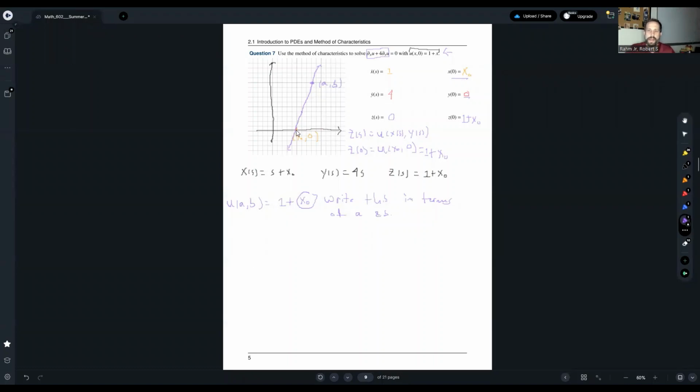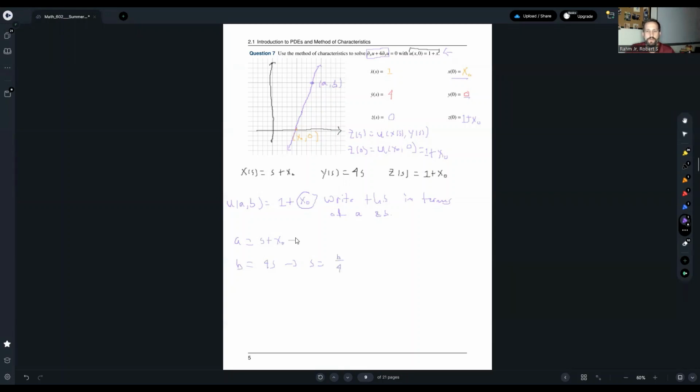Well, I know that my curve starts here. When s is equal to 0, the curve starts here. And as s increases, it travels along the curve up this way. So in other words, I know a is equal to s plus x naught. I know b is equal to 4s. So therefore, this tells me that s is equal to b over 4.